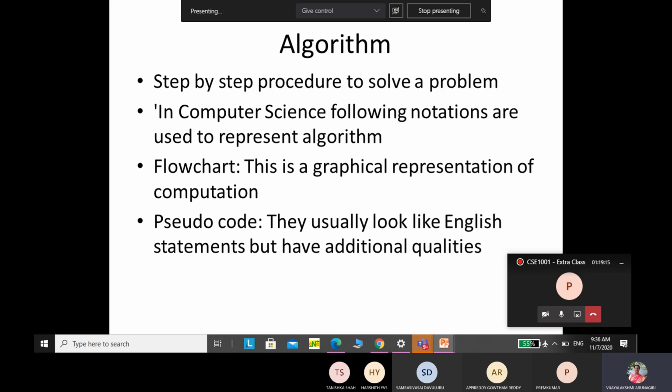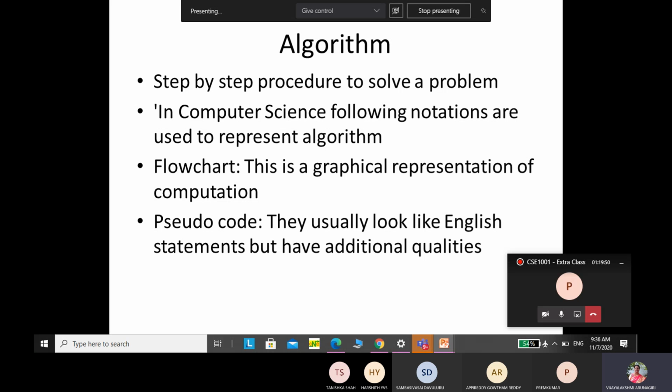Here there is a difference between algorithm and pseudocode. Algorithm means if you write the steps in normal, very understandable English sentences, that is called an algorithm. Pseudocode also looks like English statements, but we can use some programming constructs, so we need not write very lengthy sentences. We simply write small components like read A, add A with B and print C. We can use a very shortcut way.